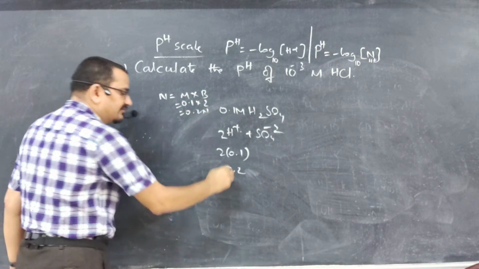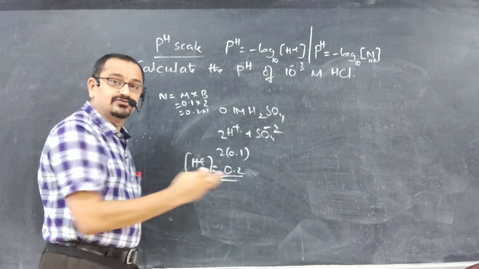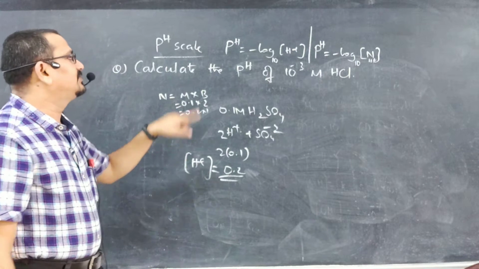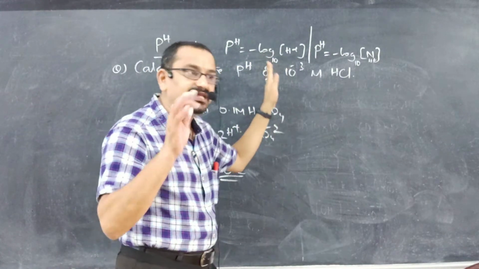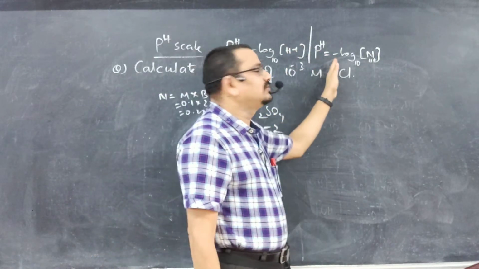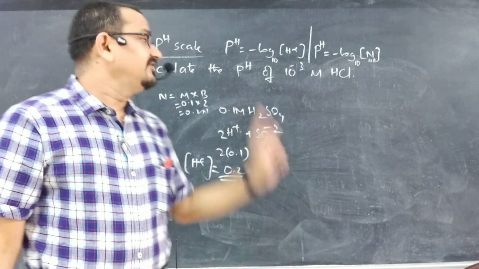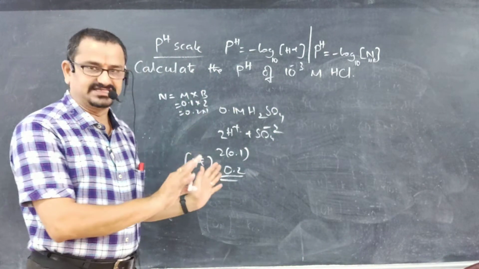So finally, the H plus ion concentration we are measuring is in the form of normality only. That's why you should remember the point: pH is the negative logarithm of the H plus ion concentration, which means the negative logarithm of the normality of H plus ion concentration. If you remember this point, you won't get wrong answers with silly mistakes.